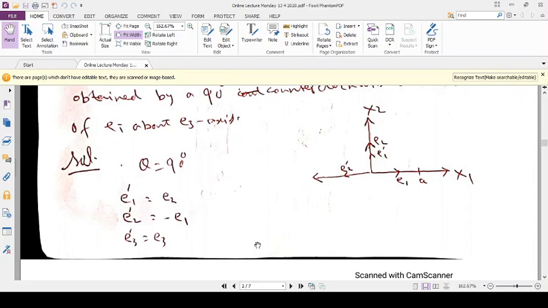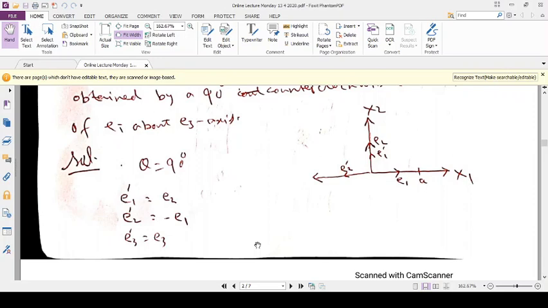Now you know your transformation: E1 dash equals cosine of the angle between E1 dash and E1, times E1, plus cosine of the angle between E1 dash and E2, times E2, plus cosine of the angle between E1 dash and E3, times E3.